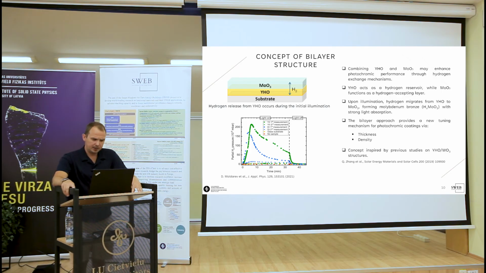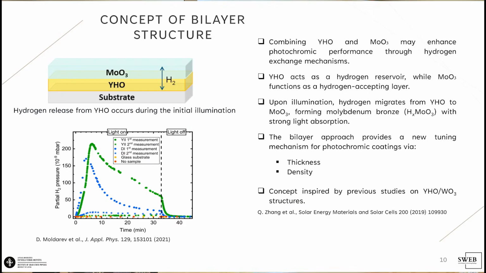About the idea of the bilayer structure, well, Dmitry Moldarov, a scientist from Sweden, discovered that when you illuminate yttrium oxyhydride, especially in the first illumination, there is a release of hydrogen outside of the yttrium oxyhydride.